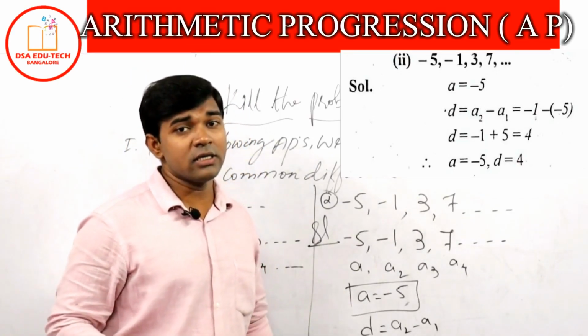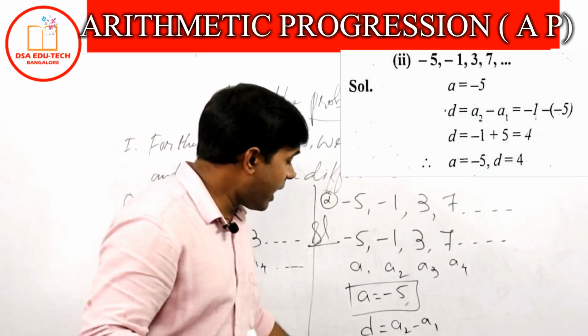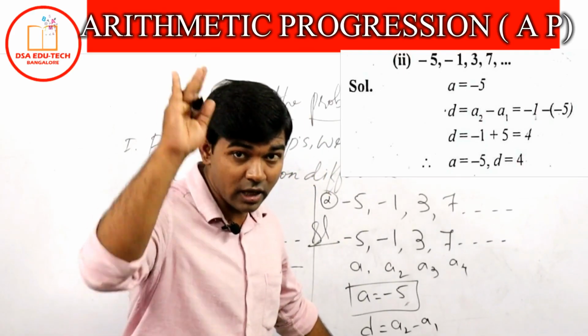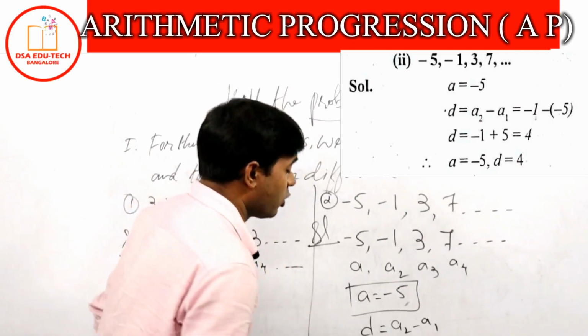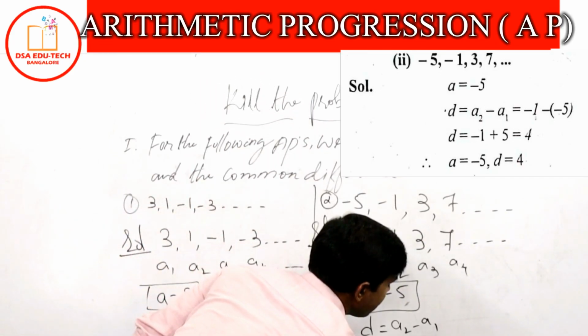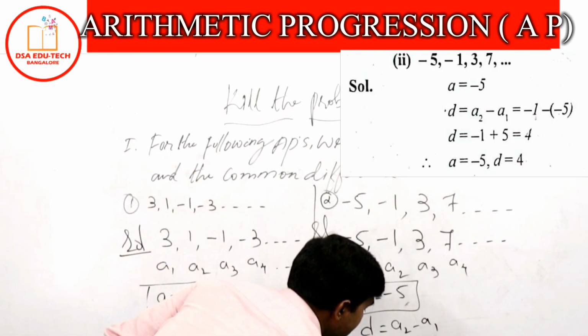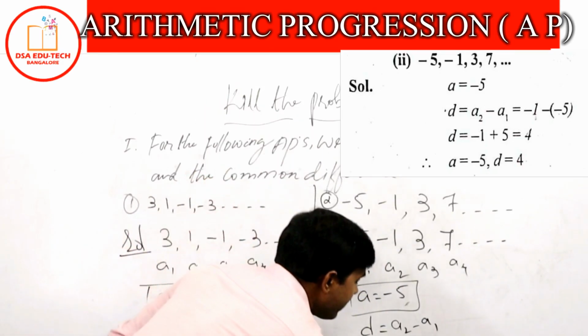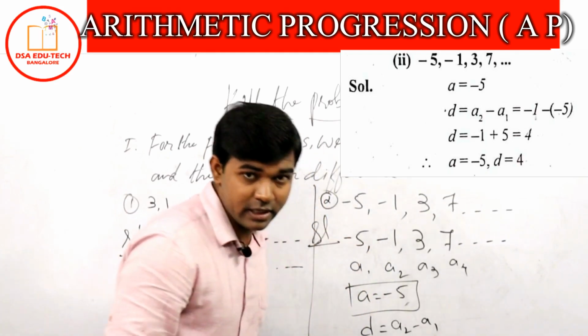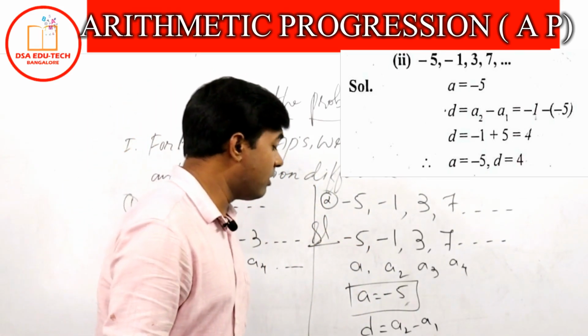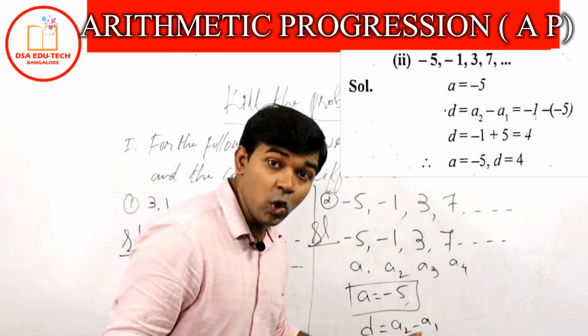So let me write D equals minus 1, then minus, and I will write the minus 5 in the bracket as it is, and then I will multiply minus into minus.